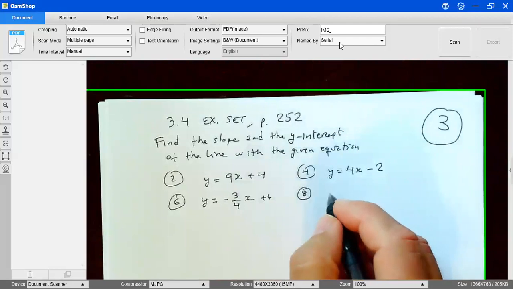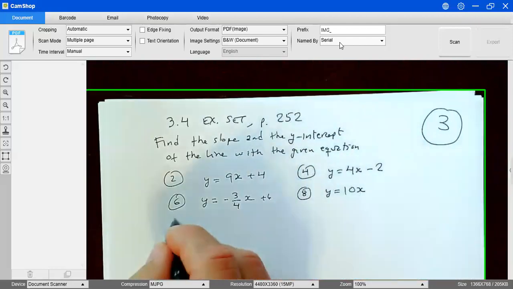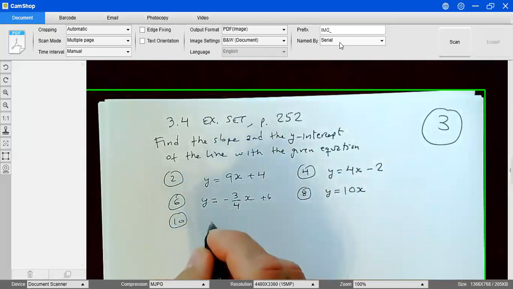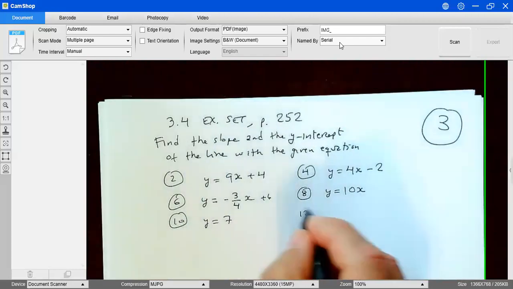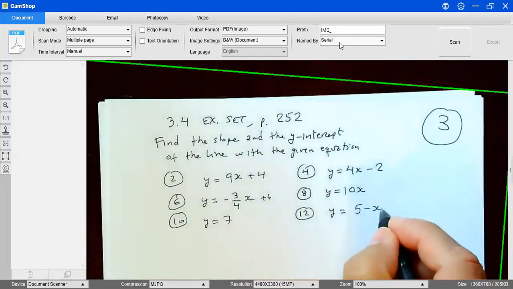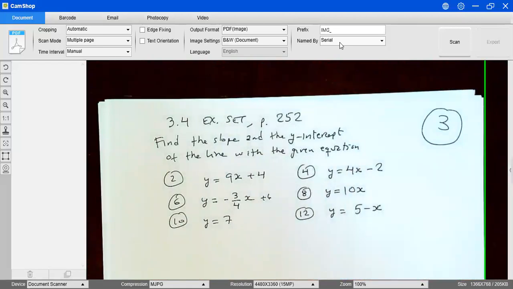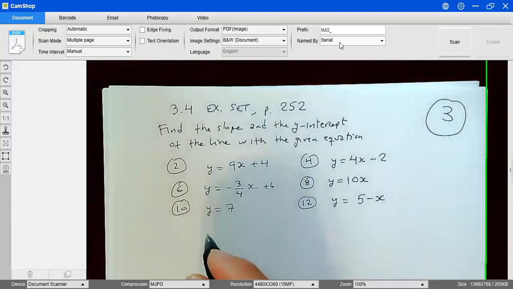Number 8, y equals 10x. Number 10, y equals 7. Number 12, y equals 5 minus x. So that's the first set. In this set, you only need to compare the equation with y equals mx plus b and match m and b with their corresponding values.